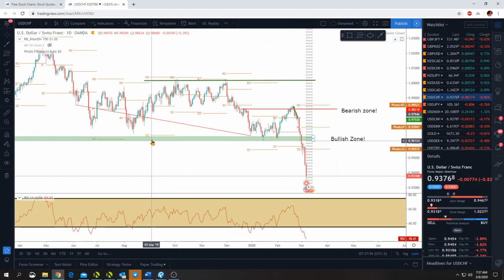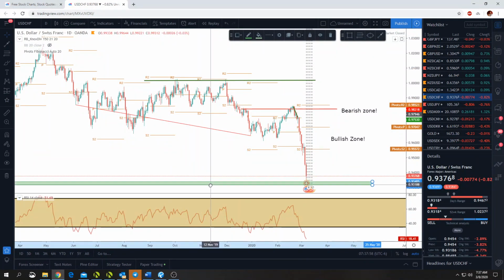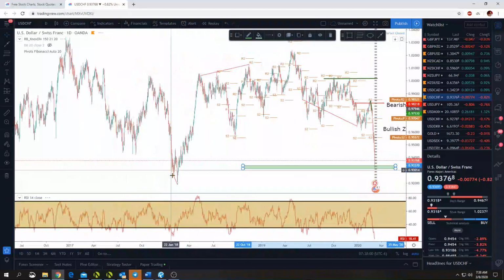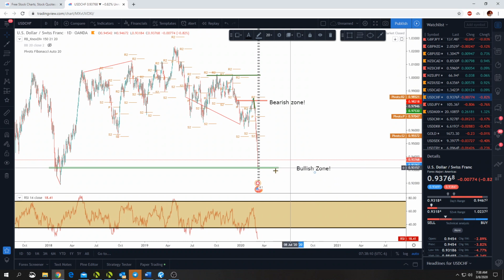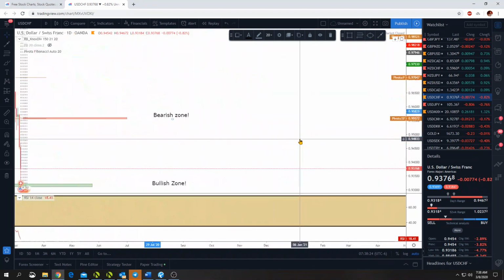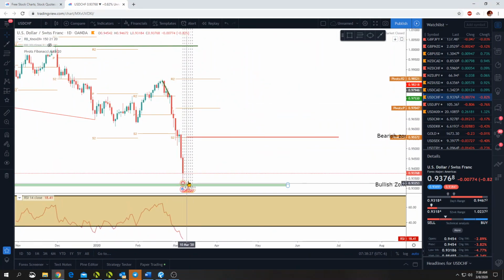USD Swiss franc. Look at that, mama. All right. We don't even have S2s down here. But we're in this zone right here. So if we get a pullback down to this, good, I'm going to look long, right at forward supply or support. So if we zoom back in, it's not a bad thing to be looking long.